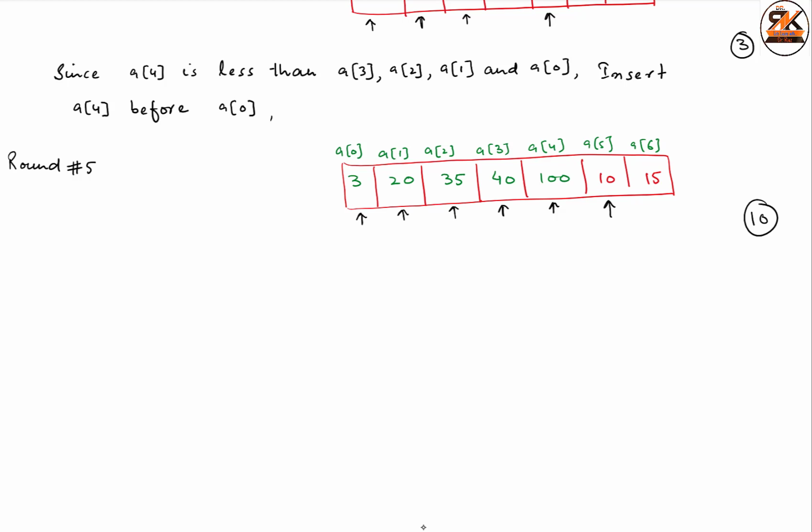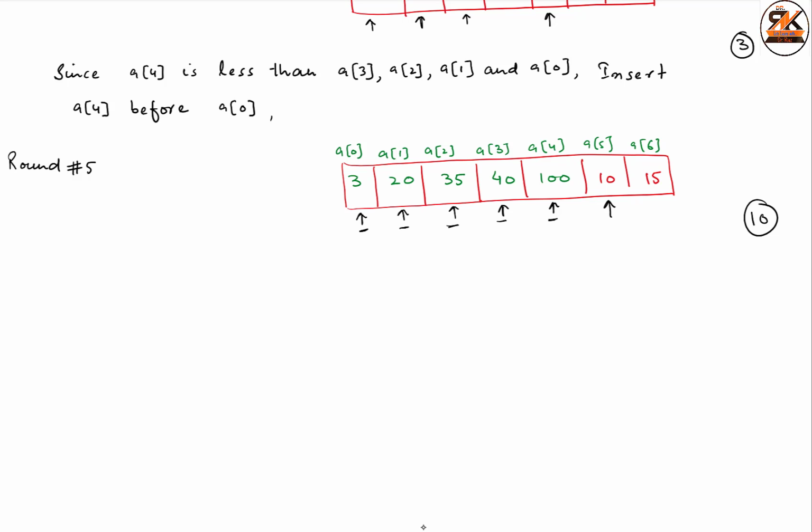We see that 10 is less than the element at position A4, also less than A3, and again less than the element at position A2, and also less than the element at position A1, and then we go ahead and compare it with the element at A0, but we see it is greater than the element at A0.